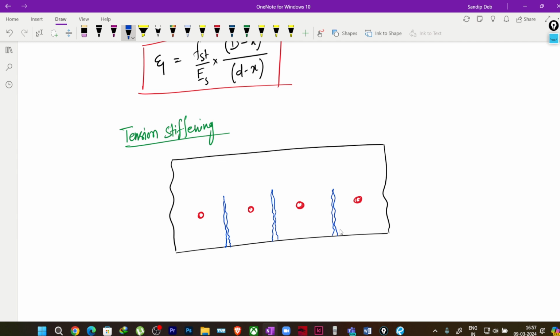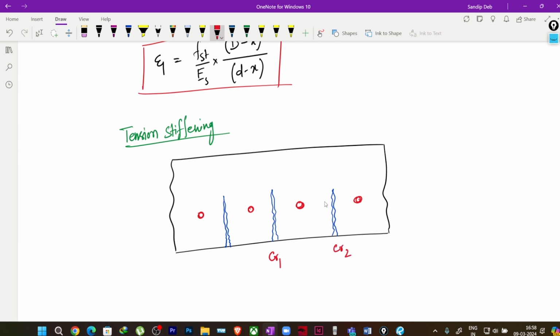So for the area between two cracks, suppose we have reinforcement in this cracked area, there is a difference in strain or difference in stress between the reinforcement at the crack and the reinforcement between the cracks. Suppose this is crack CR1, this is crack CR2.